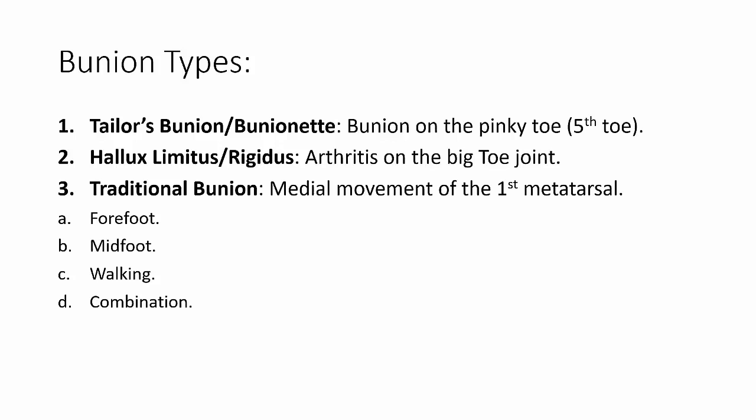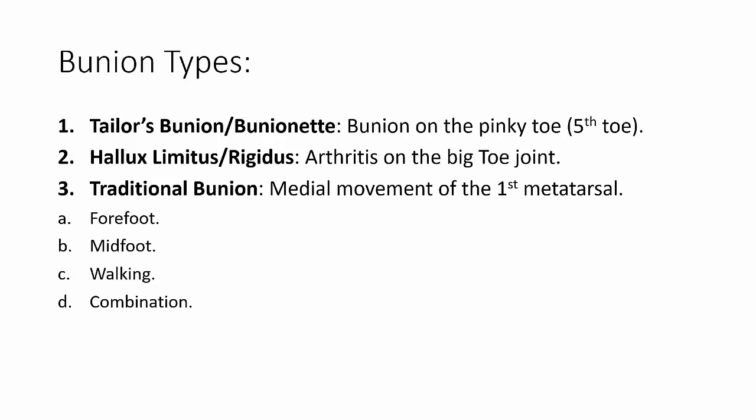There are bunion types. So what are they? There's the Taylor's bunion, also called a bunionette. That's a bunion on your pinky toe or fifth toe. You have a hallux limitus, hallux rigidus, which is more of an arthritis on the big toe joint. I was talking about this a little bit earlier.